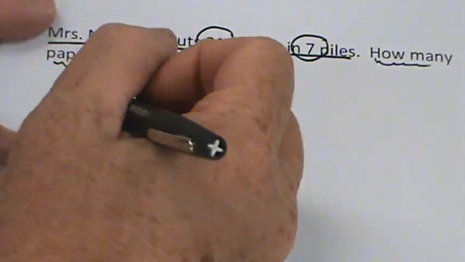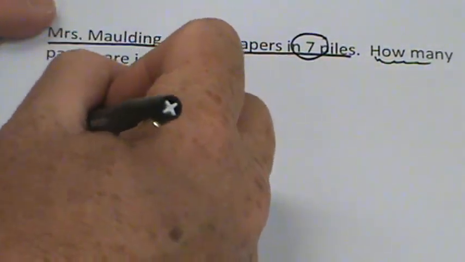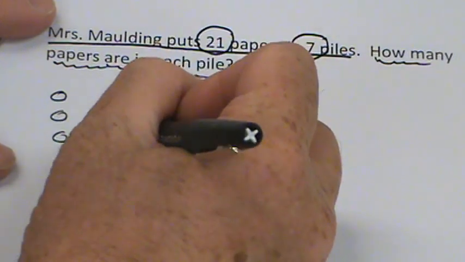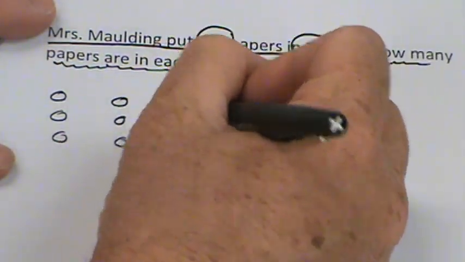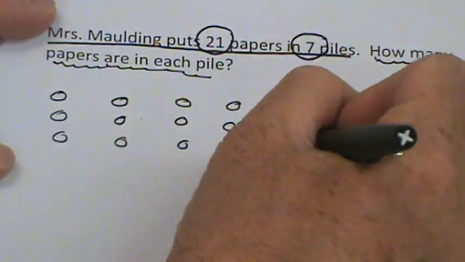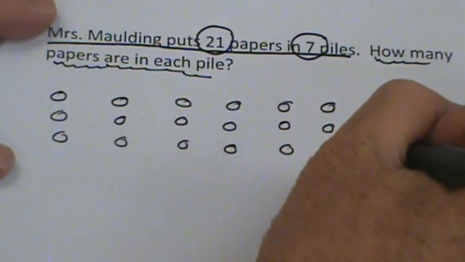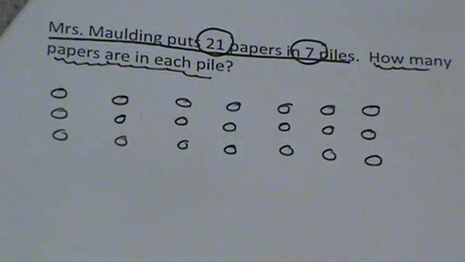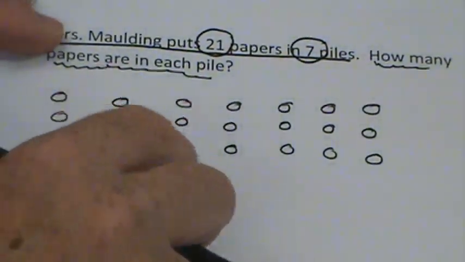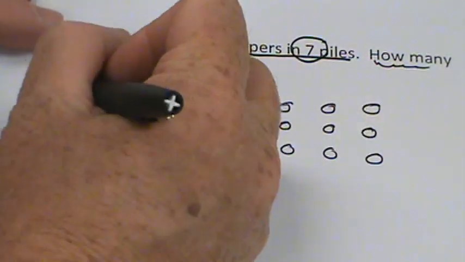Let's pretend that she's putting 3 in each pile. 1, 2, 3, 4, 5, 6, 7, 8, 9, 10, 11, 12, 13, 14, 15, 16, 17, 18, 19, 20, 21. There's the 21 papers, and it looks like they're in 7 piles. Let's box these up.